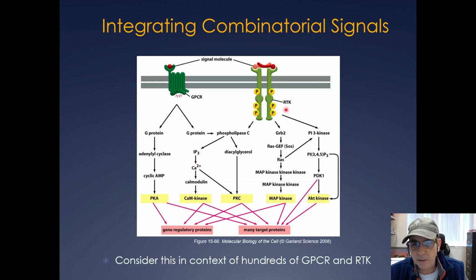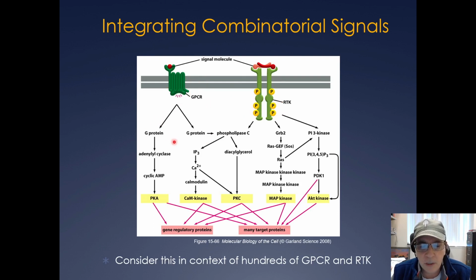We saw an example of things that prevent apoptosis by getting survival signals. But this figure right here really shows you how complicated things can get. There's no need to memorize this, but appreciate all of the different things that can happen with signaling through a G-protein coupled receptor or through a receptor tyrosine kinase.